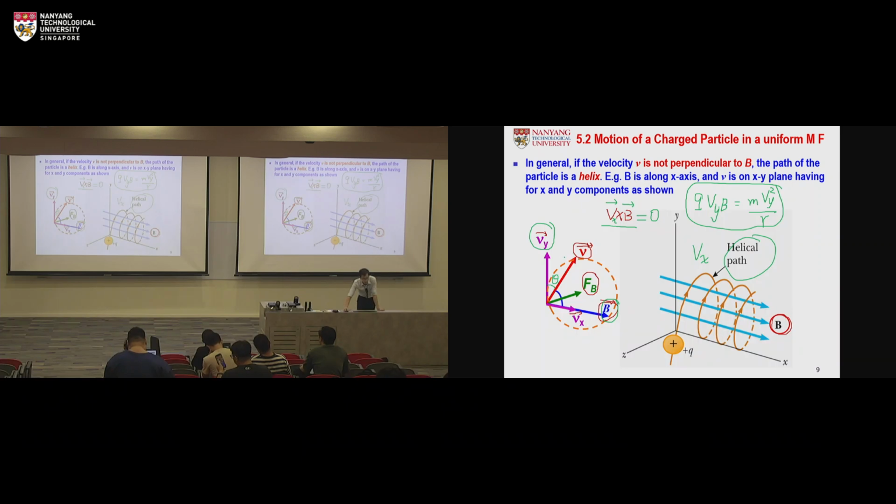Again, it depends on which angle you are using. If this is theta 1 and this is theta 2, then Vy equals V cosine theta 1 equals V sine theta 2.